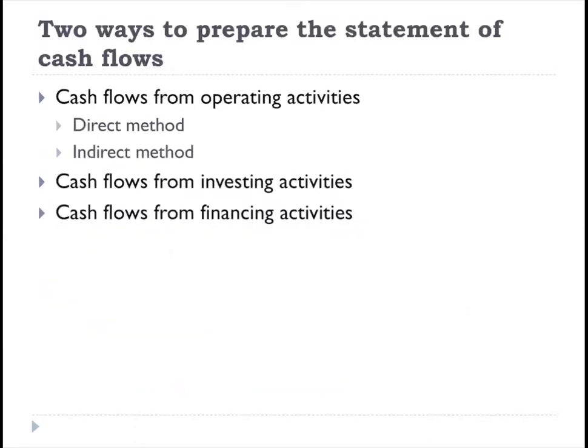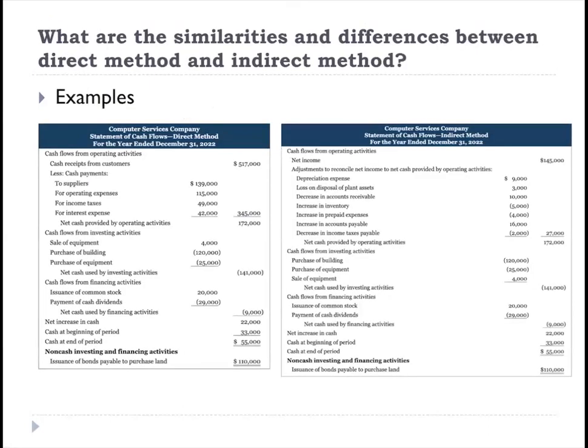So how do we prepare the statement of cash flow? As we mentioned at the beginning of the class, there are two methods to prepare the statement of cash flow. One is called the direct method. The other is called the indirect method. What are the differences between the two? Here is an example for the same firm, same period.